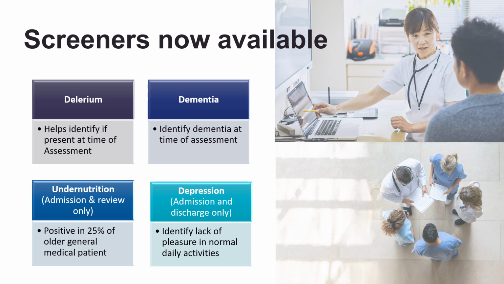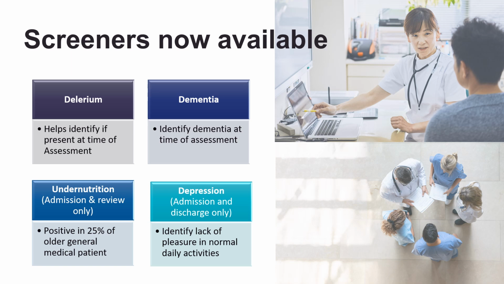The undernutrition screener uses 2 coded items, including the height and weight, which combine to make the BMI, and weight loss. A score of 1 will be indicated when the person has a BMI of less than 22 and has had recent weight loss. This is detected in more than 25% of the older general medical patients.